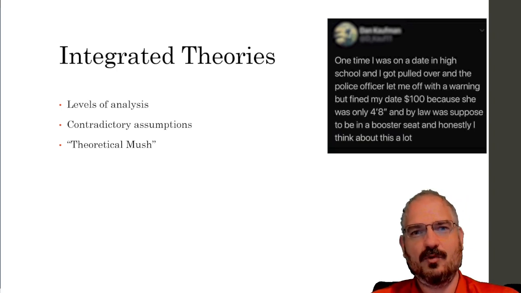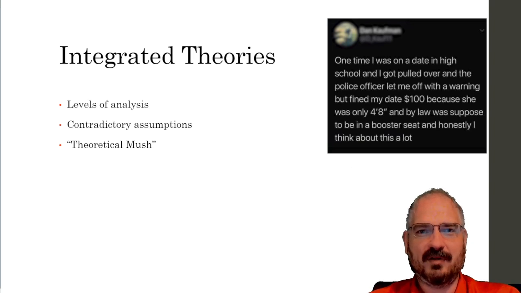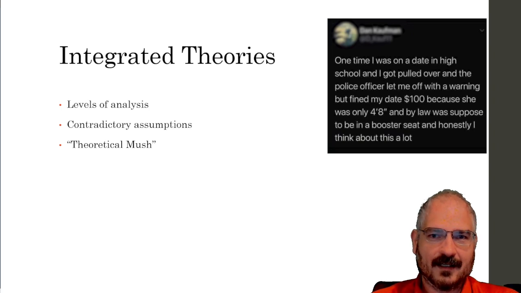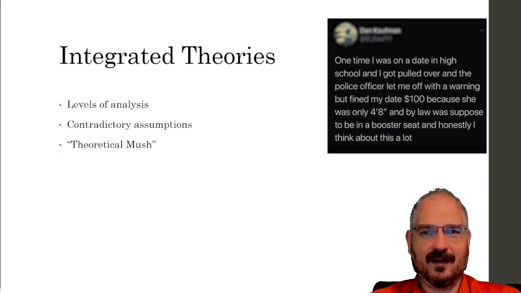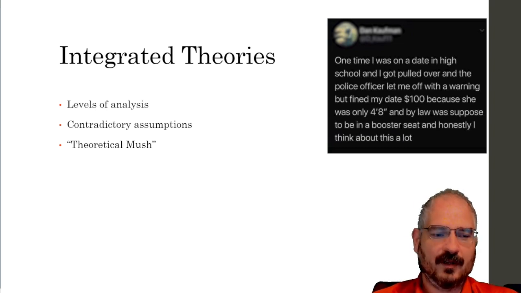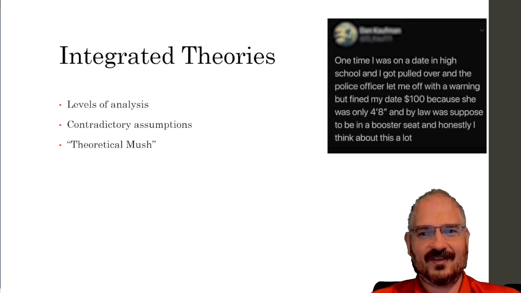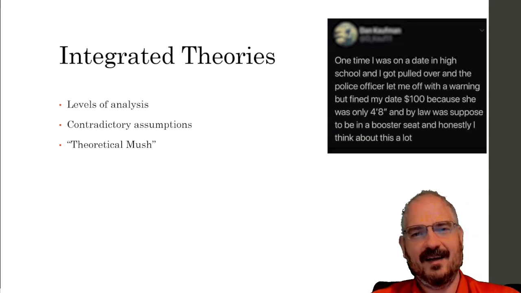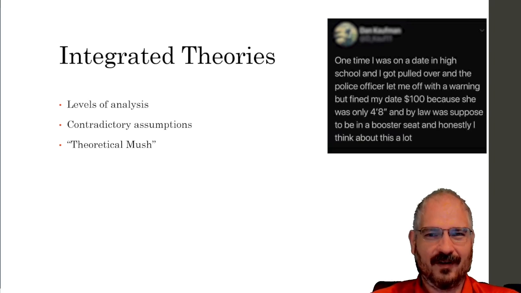And if you try to take two different theories that have completely separate basic assumptions and shove them together, you can get what some researchers have called theoretical mush, where it might sound good when you say it fast, but if you take a closer look at what exactly these concepts are attempting to measure and how they're theorized to work and all those things, it no longer makes sense at all, right?